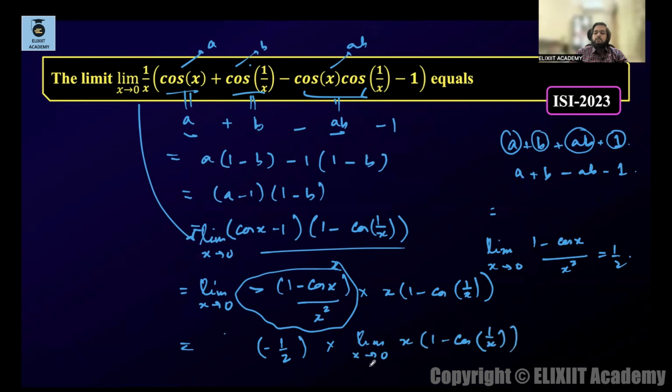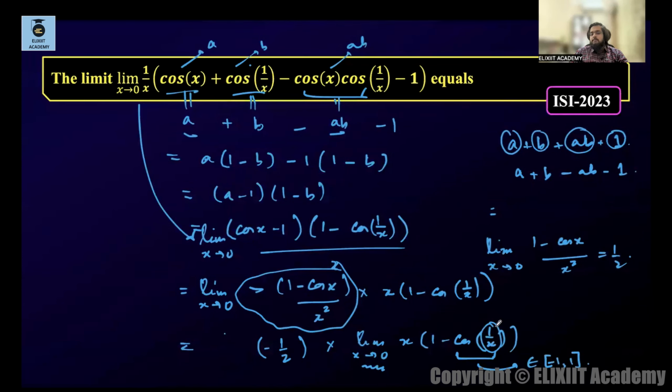Now see, as x tends to 0, 1 by x will tend to infinity. So cos 1 by x will tend to infinity, meaning this will be a very large number. But you know the range of cos: cos theta always lies between minus 1 and 1.